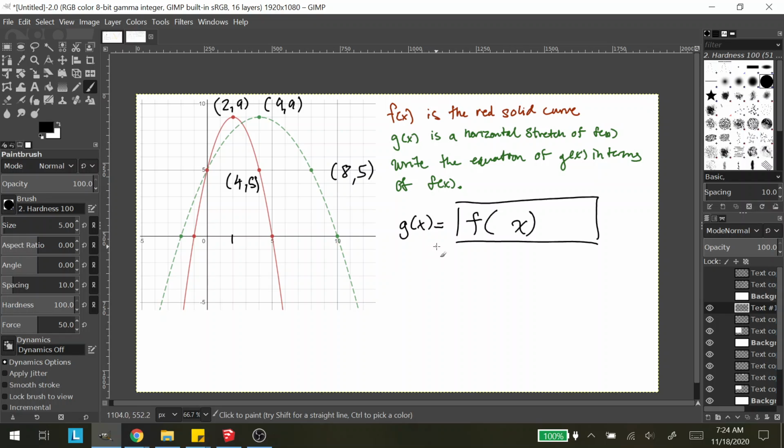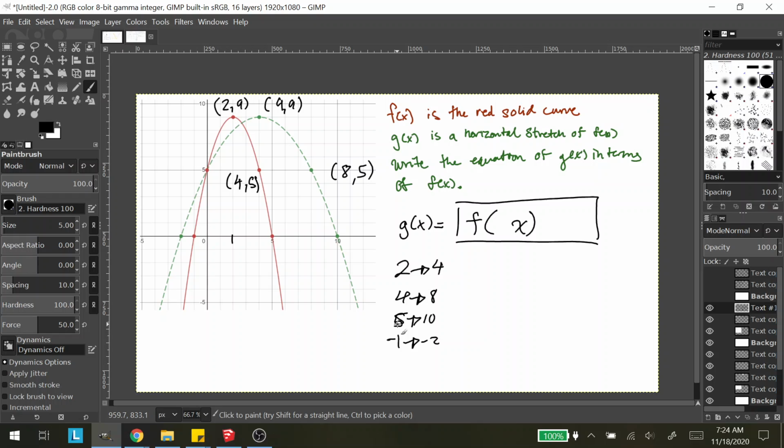To go from f to g, we had to get twice as big of an x. So the x, right, we're looking at 2 had to get doubled. 4 had to get doubled. And if we look here, 5 to 10 had to get doubled. And it also works in the negatives. So we had to double all of our x's.